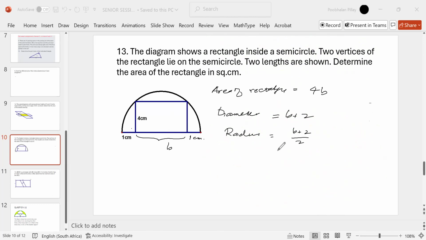Now, why do I worry about the radius? If I take the center, this is 90 degrees because it's a rectangle. And if I join it to that, you'll see when you study this problem, you might have to do all this, then I'm going to get the radius.